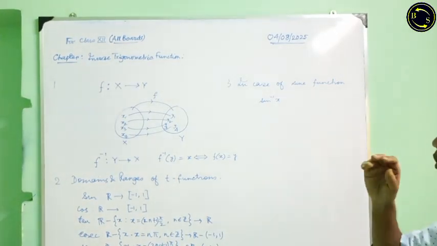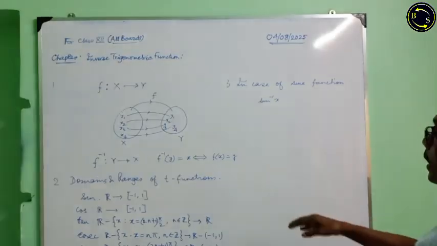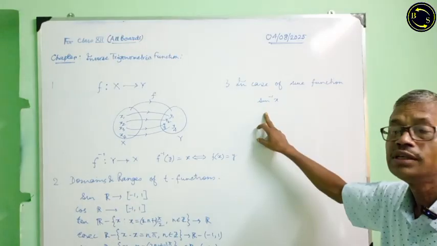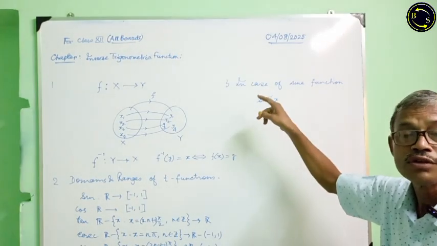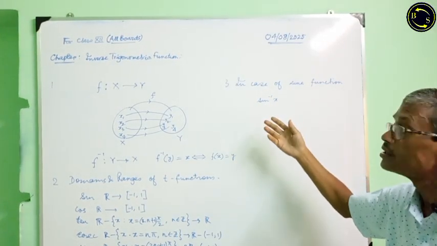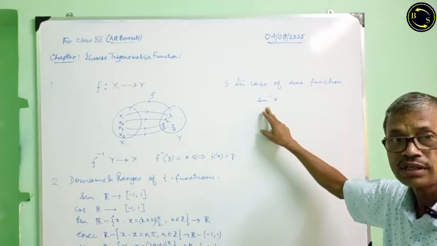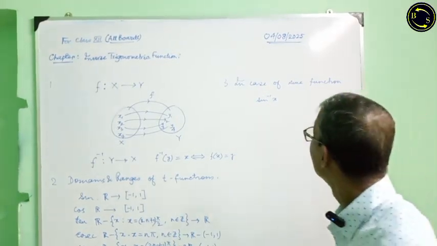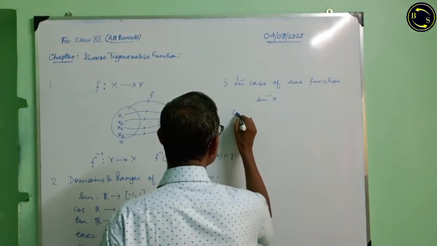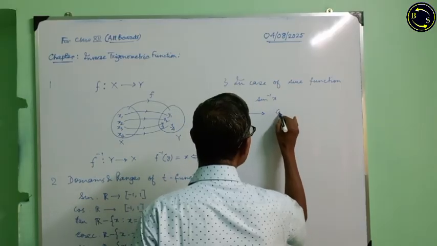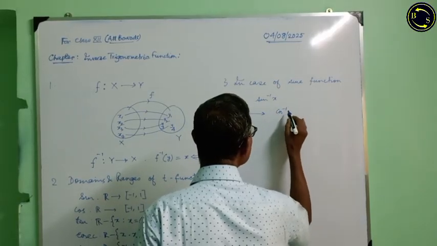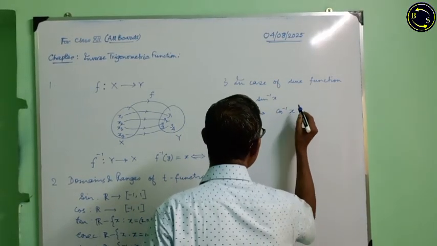And in case of sine function, we denote its inverse by sine inverse x, and for cos we use the notation cos inverse x.